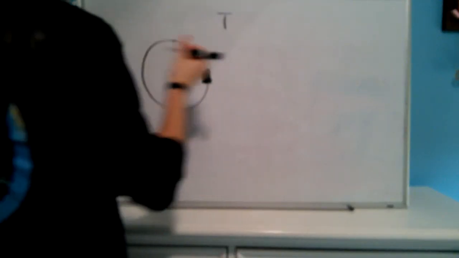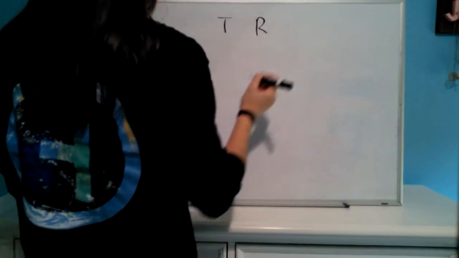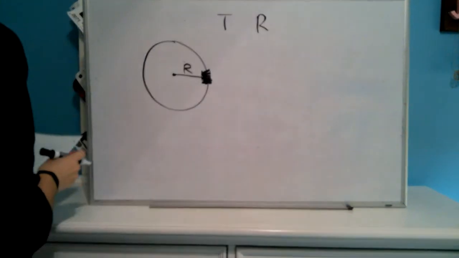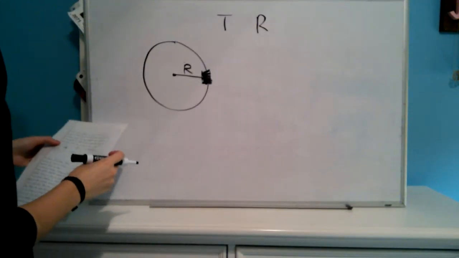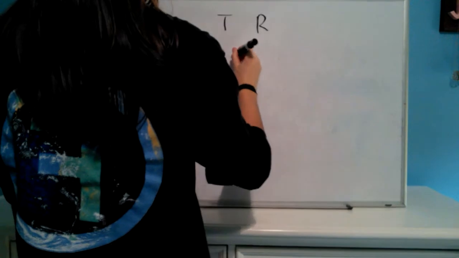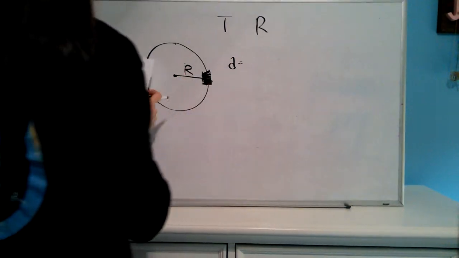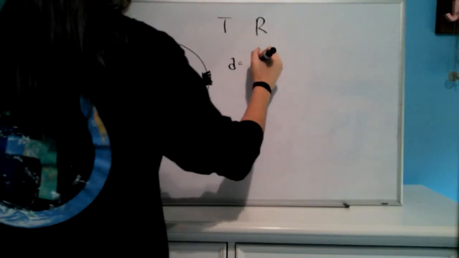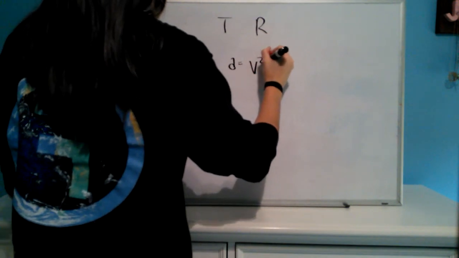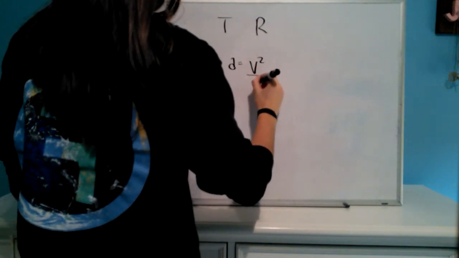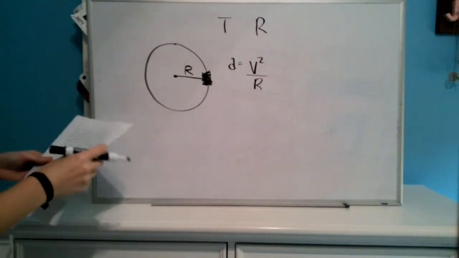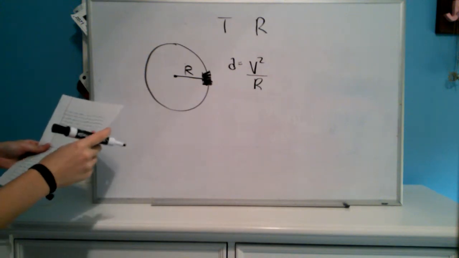So we're given t and r, and we're trying to find the acceleration. We know centripetal acceleration is equal to your tangential velocity squared over your radius. Well, we can't have velocity in our answer.